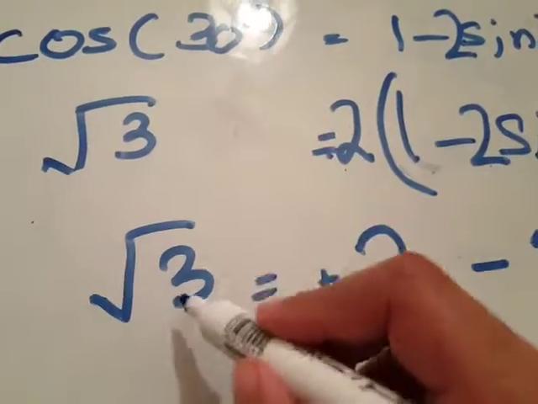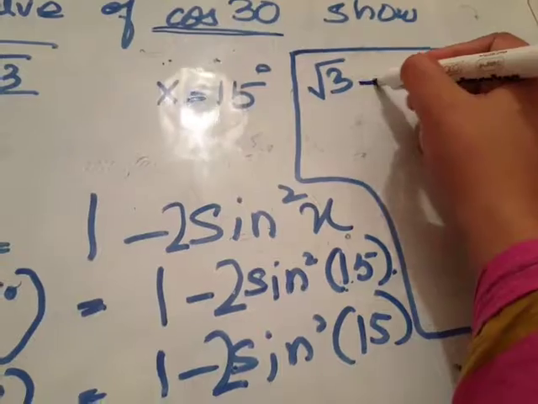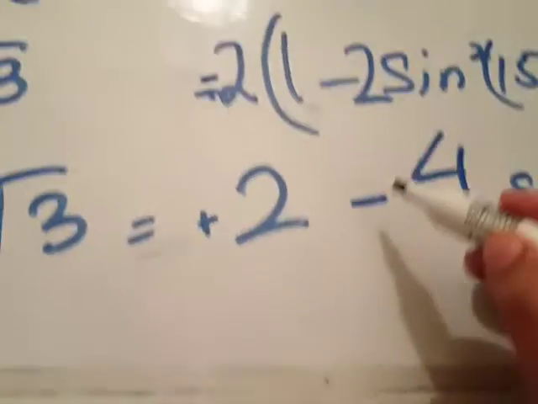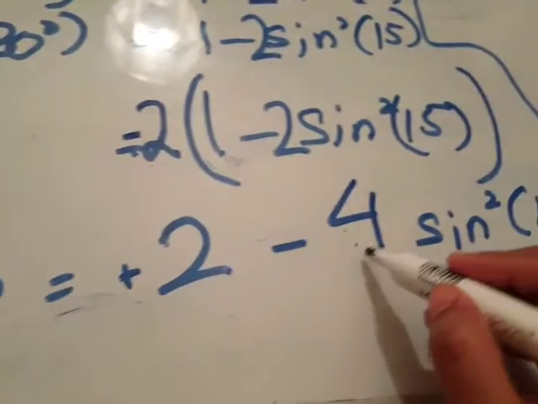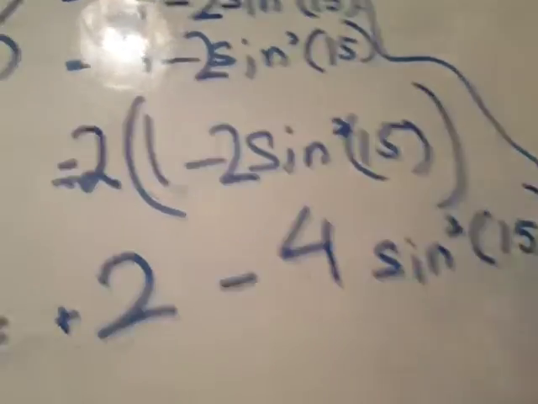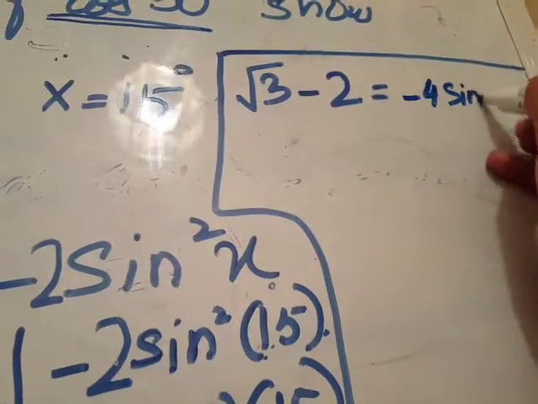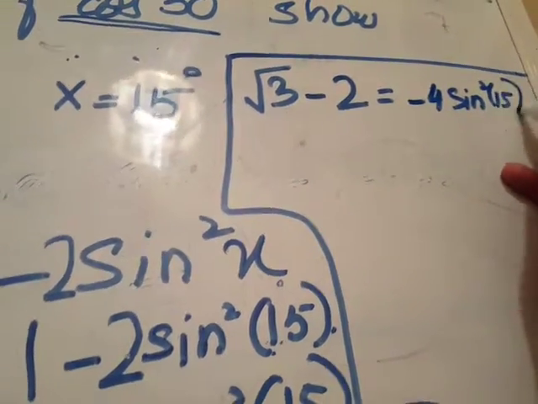So when it goes over here, it will be minus. So root 3 minus 2 equals, 4 has a negative sign, so minus 4 sine square 15 is left here.